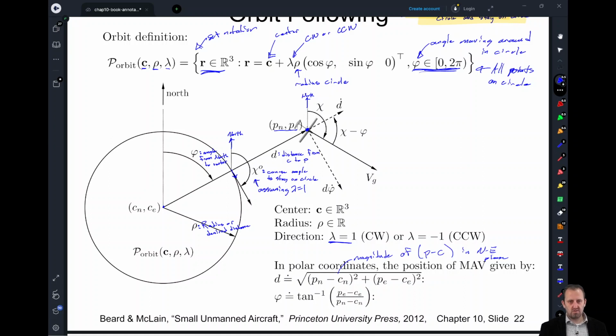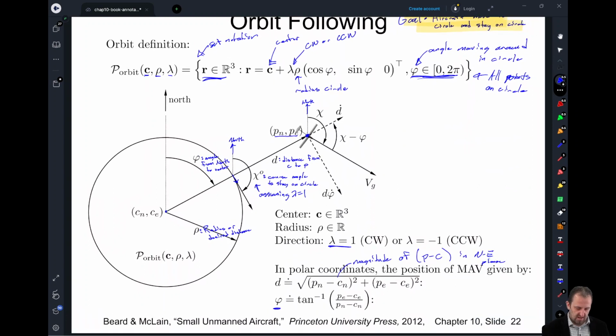We can use our same height controller that we used previously, but we're just going to let d be the distance in the northeast plane from the center of the circle to the aircraft projected onto the plane. And so that's our distance. And again, this angle, phi, we can then define by the inverse tangent of the east component of the aircraft over the north component. So our polar coordinates, just to highlight them, are d and phi.